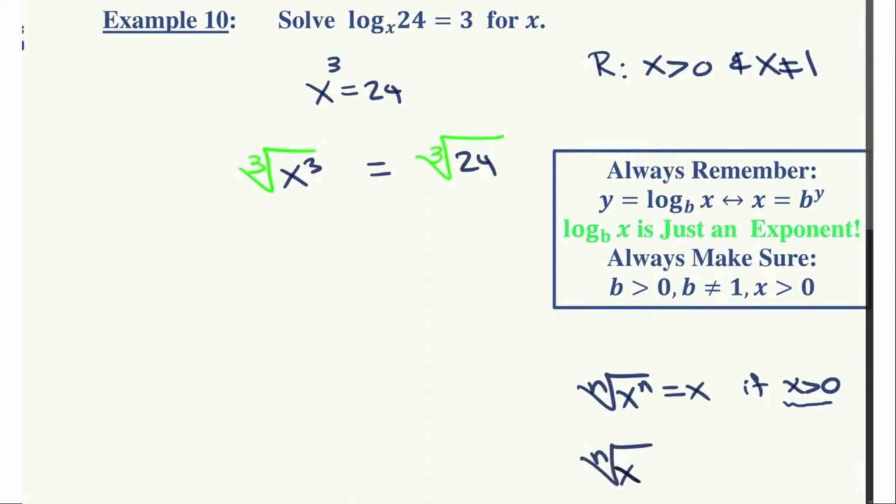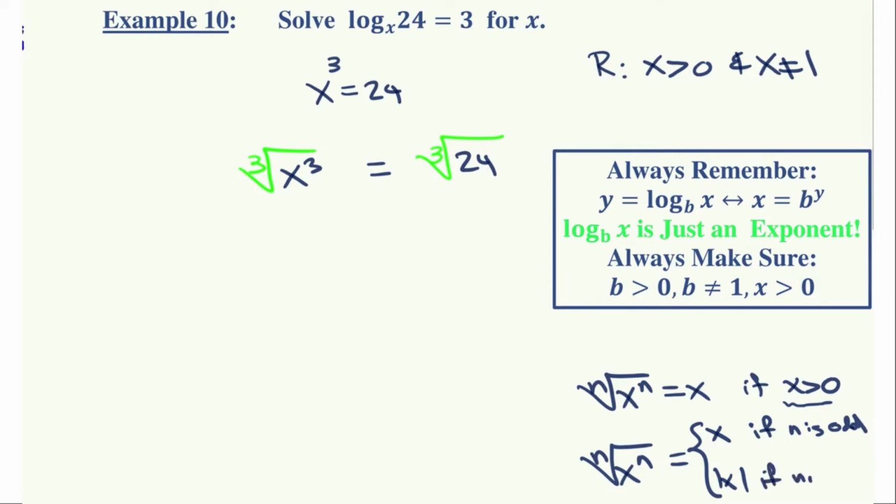We would want to say the nth root of x to the n equals x if n is odd, and absolute value of x if n is even. But given that x is positive, we don't need to worry about this more complex definition, and we can just use the simple version which says the nth root of x to the n equals x.